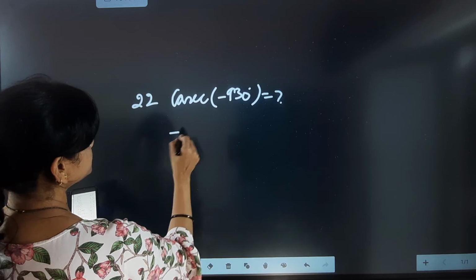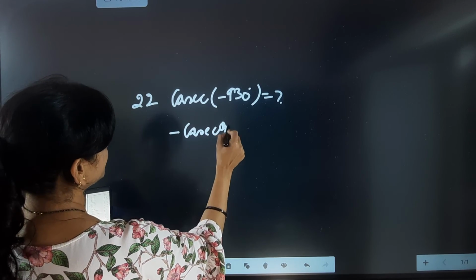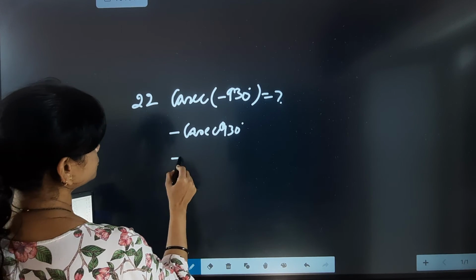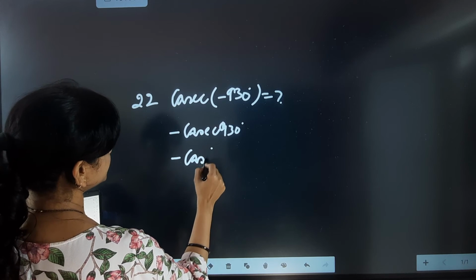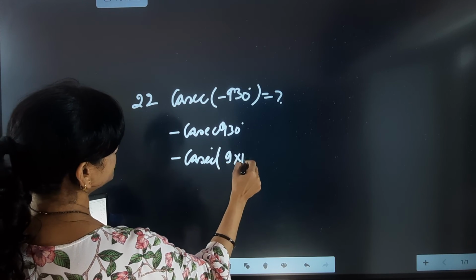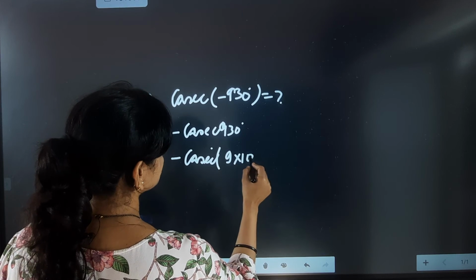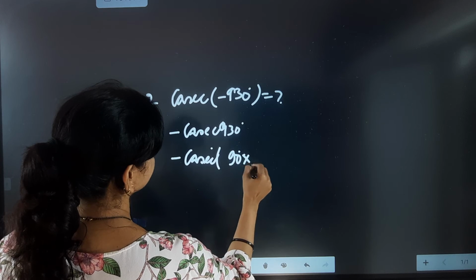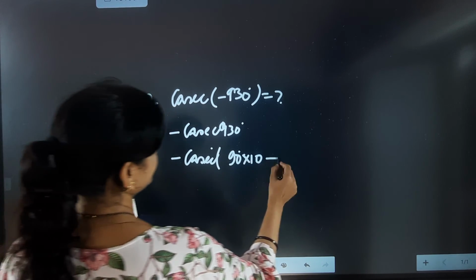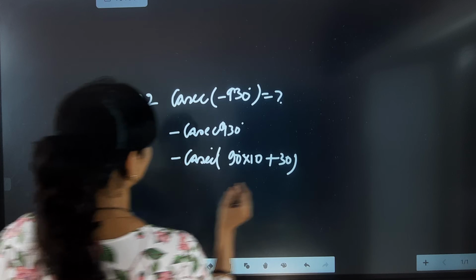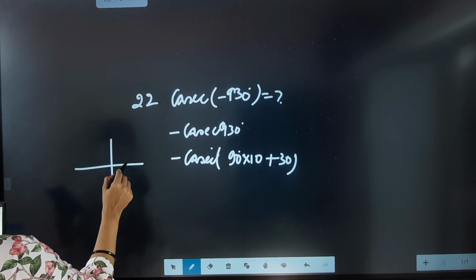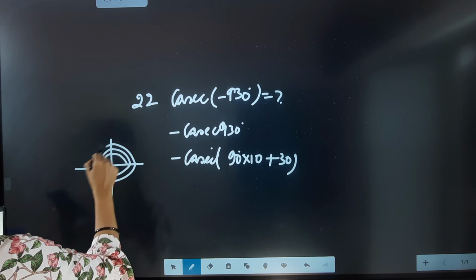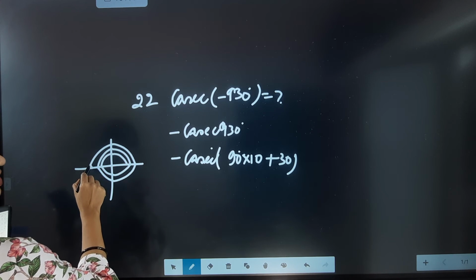Cosecant of minus will become minus cosecant of 930 degree. 9 tens are 90, so we write it as 90 into 10, which is 900, plus 30. 90 into 10 times going 1, 2, 3, up to 10, plus 30 degree.